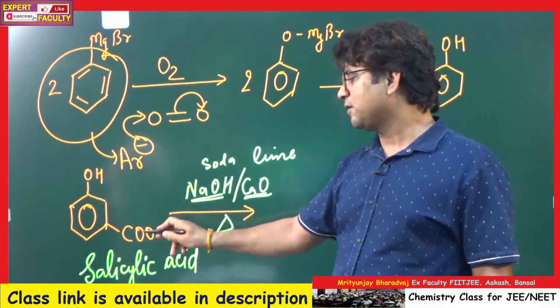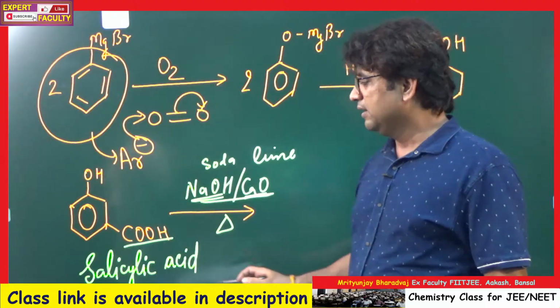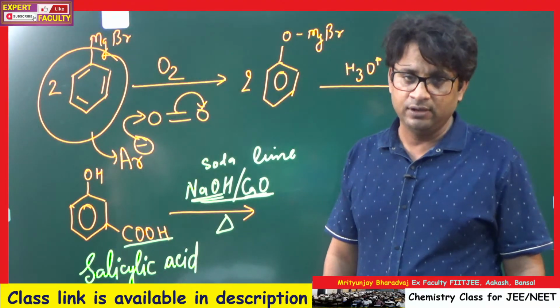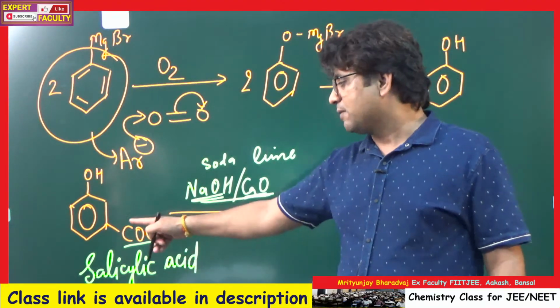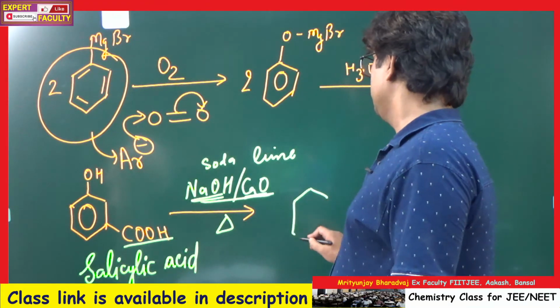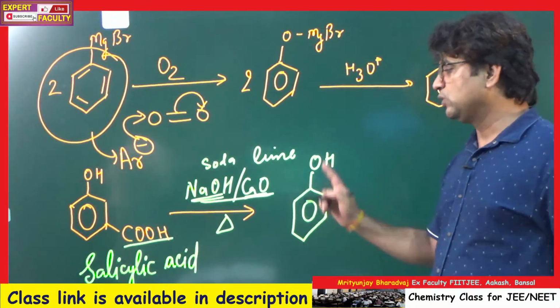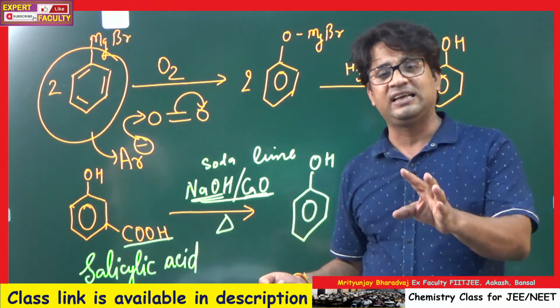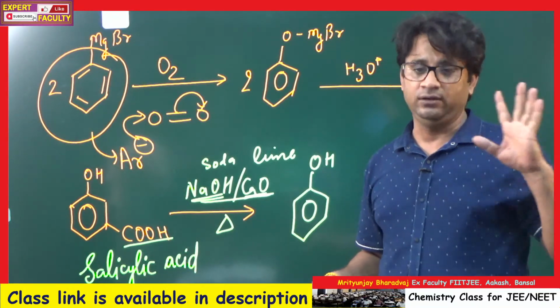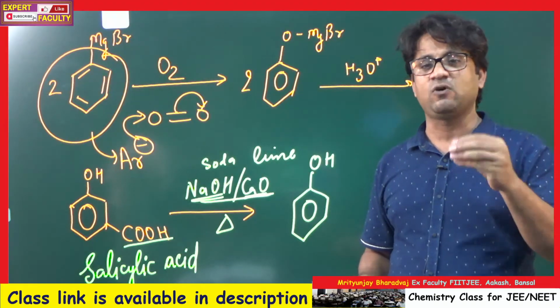So whenever a carboxylic acid is heated with soda lime, there will be decarboxylation, and the carbon from which the carboxyl group leaves will get one hydrogen. So the simple point you can remember is that soda lime removes the carboxyl group from any chain.